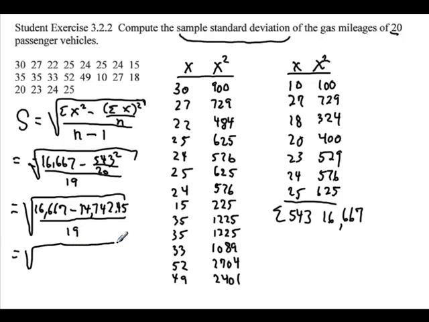And so next, no harm in writing it out. Let me do my subtractions. 16,667 minus 14,742.45, and I come up with 1,924.55. I divide that by 19. And I don't want to really round until I'm at the very last step. So let me keep my numbers exactly as they are and divide by 19.